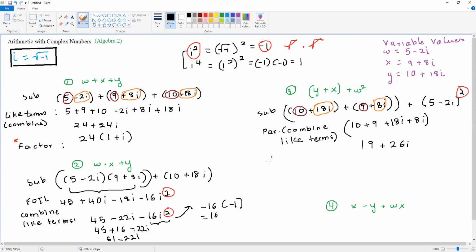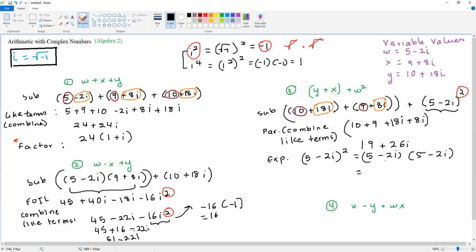So moving on is exponents. I'm going to abbreviate to x. I always like to solve these squares separately because they can get a bit confusing. So we're going to do 5 minus 2i squared, which is equal to 5 minus 2i times 5 minus 2i.